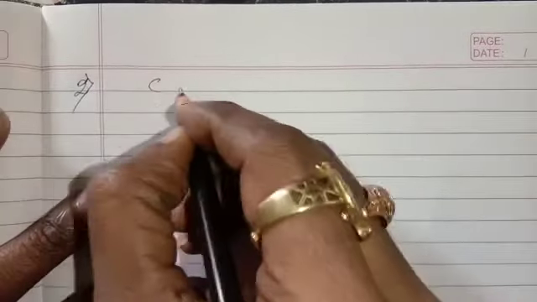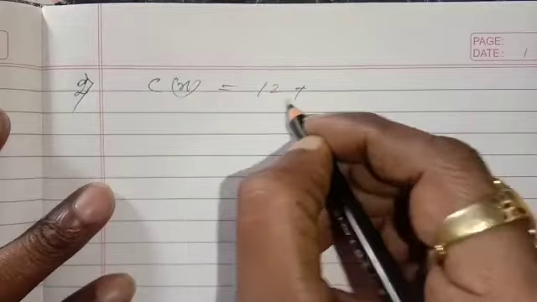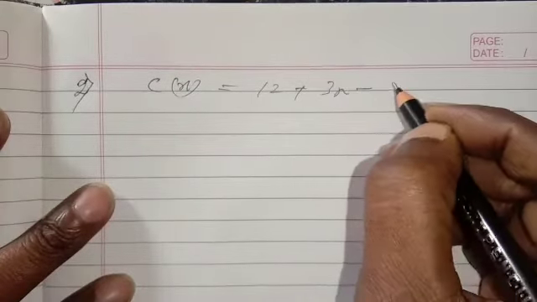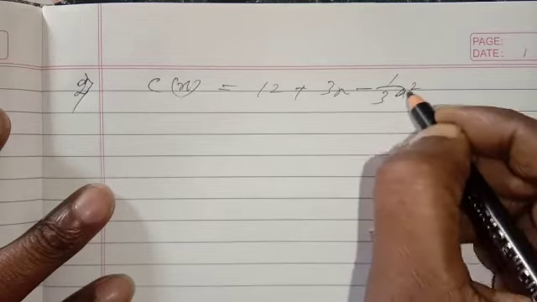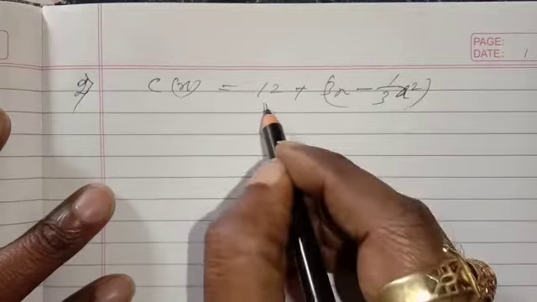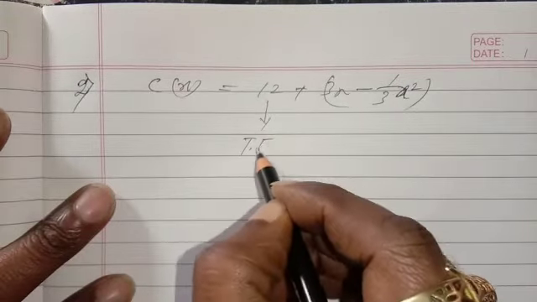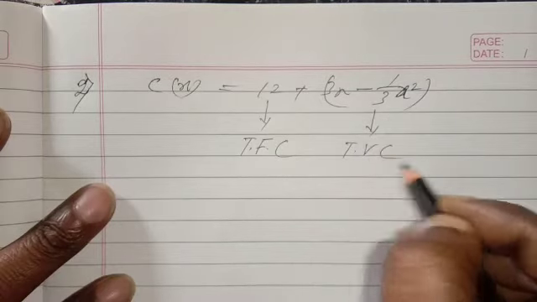In number 2, first of all it is given C(x), the cost function, 12 plus 3x minus 1 by 3 x square. That means here it is clearly visible, the 12 is the total fixed cost, and this part is total variable cost.